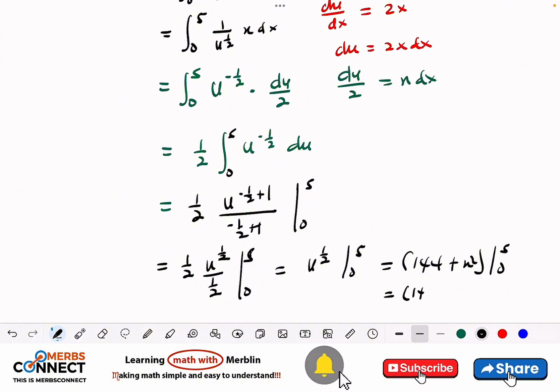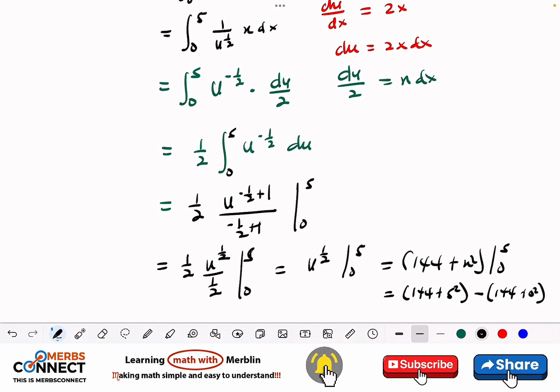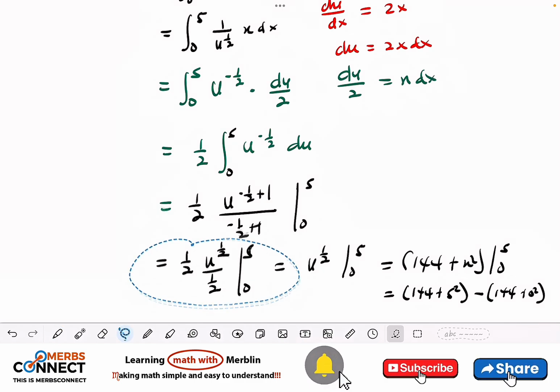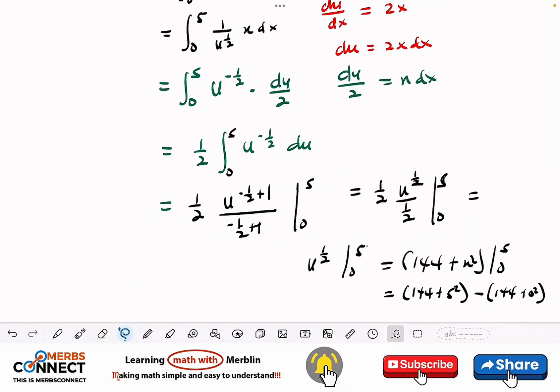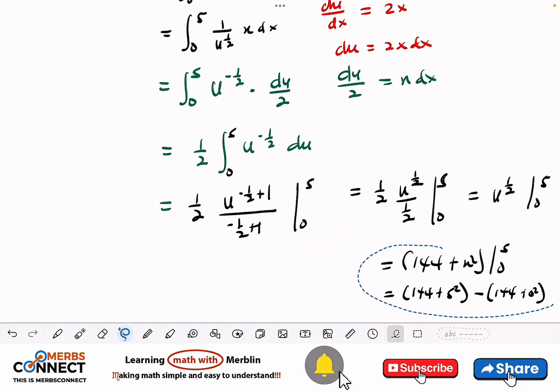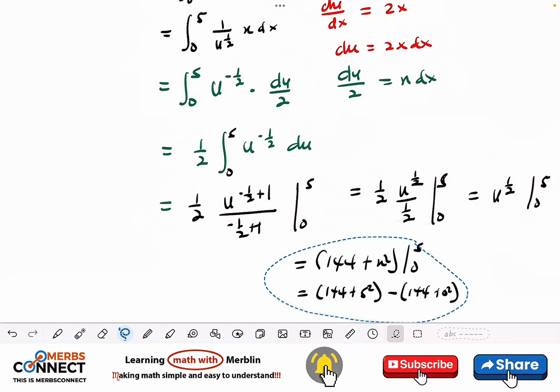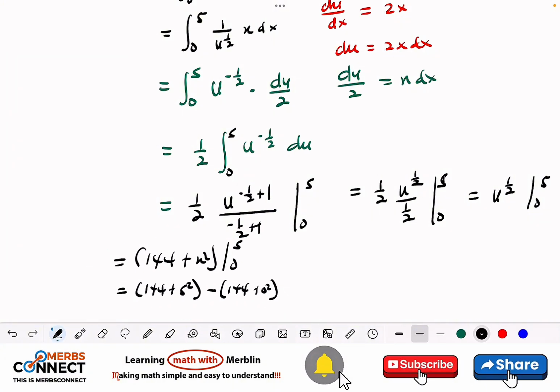This is 144 plus 5 squared minus 144 plus 0 squared. I need space, so I'll drag this guy up here, and then push this guy here so that I can continue from here.